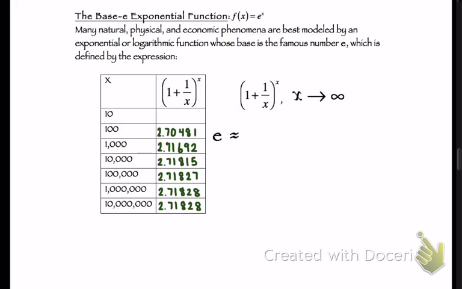So what do you think e actually equals? Well, it's that number right there. So e is approximately 2.71828. It's going to be important that you know that number. So now add that to your toolbox. You know pi is 3.14159, etc. So now you know e is 2.71828, etc., etc., etc.